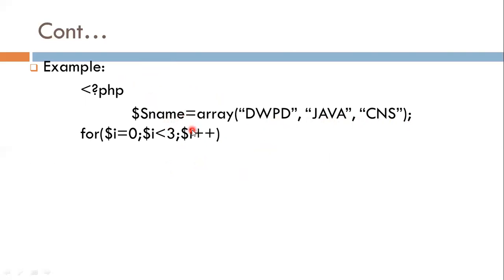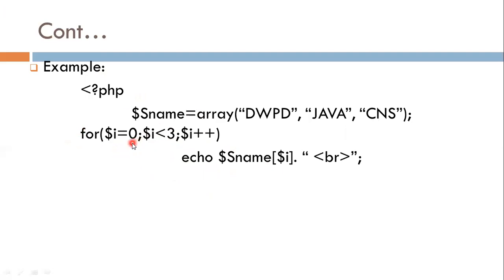Now I print the subject names with the use of a for loop. So I take one for loop starting from index 0 and continuing up to index 2, meaning less than 3. And in the for loop I write a statement like this: echo $sname in brackets $i.